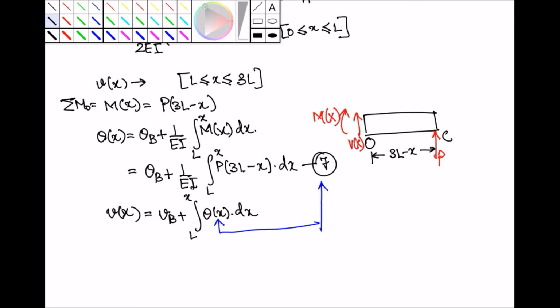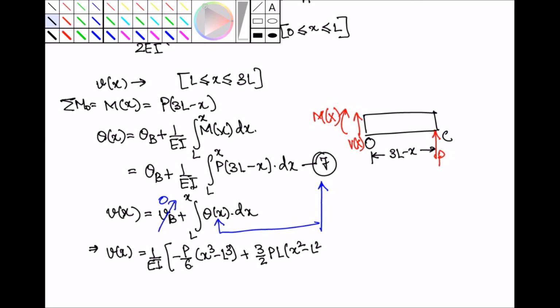Once we solve for the integral in terms of everything that's known to us, we are going to end up with v of x equal to 1 over EI times (minus P over 6 (x cubed minus L cubed) plus 3/2 PL (x squared minus L squared) minus 2PL squared (x minus L)).